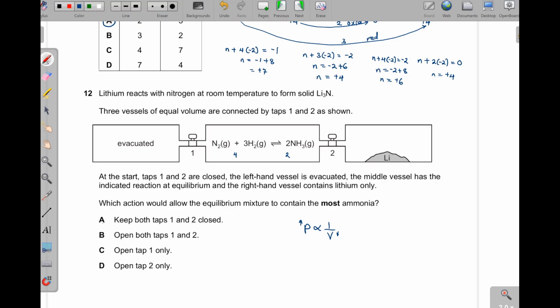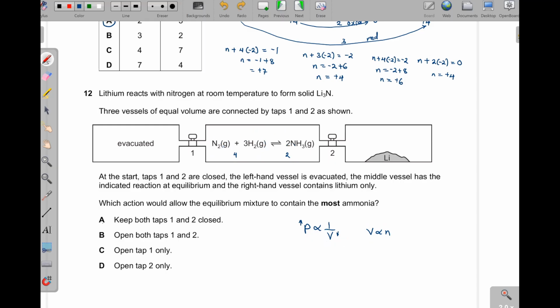So that means when you increase the pressure, the equilibrium is going to shift to the side with fewer number of moles. We also know that volume is directly proportional to the number of moles. So when you increase the pressure, volume will decrease, so the equilibrium position shifts to the side with fewer moles, because volume is directly proportional to the number of moles. And if the volume is down, then we go to the side with the fewer number of gas moles.